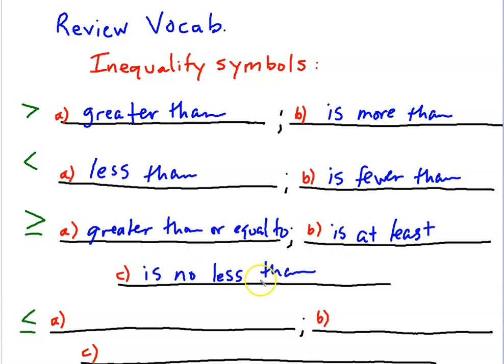All three of those phrases refer to the same inequality symbol, greater than or equal to. And then obviously this is just going to be the opposite, so less than or equal to. Or instead of is at least, is at most. And is no more than.